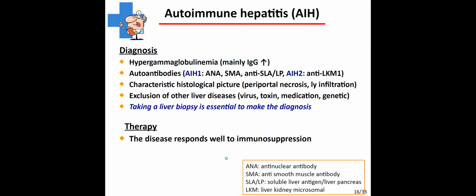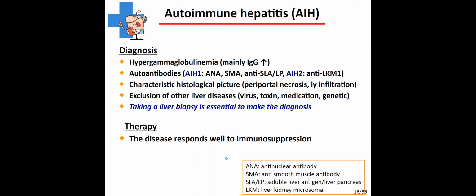For autoantibodies in autoimmune hepatitis type 1, the anti-nuclear antibody, anti-smooth muscle cell antibody, or anti-soluble liver antigen or liver pancreas antigen can be measured. In type 2, which happens early in age, the patient mostly has the liver kidney microsomal antibody.